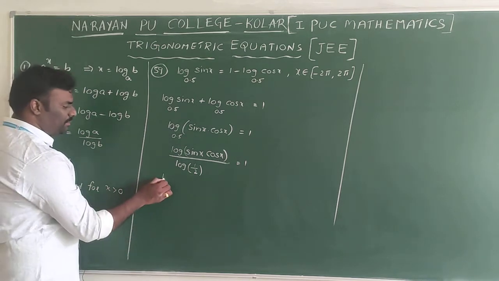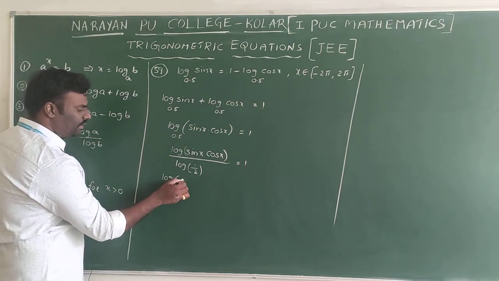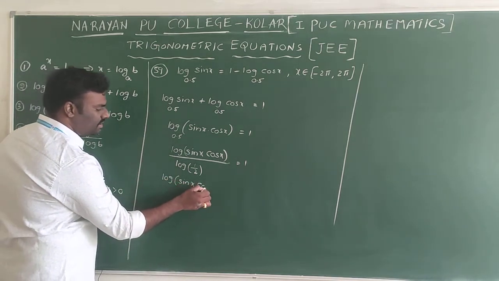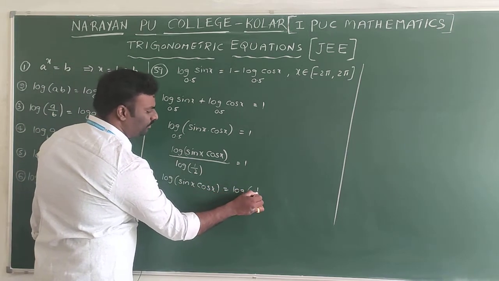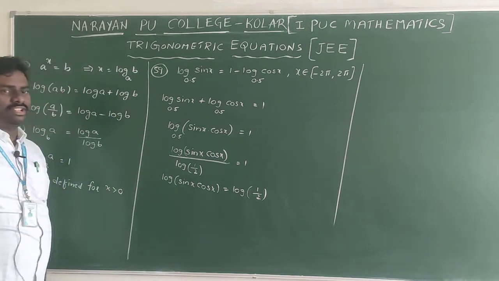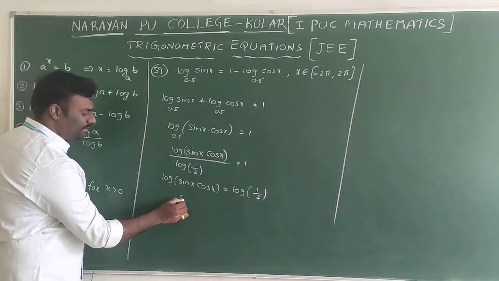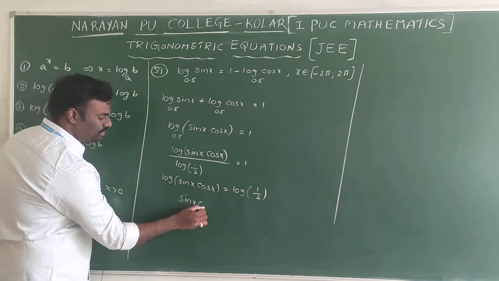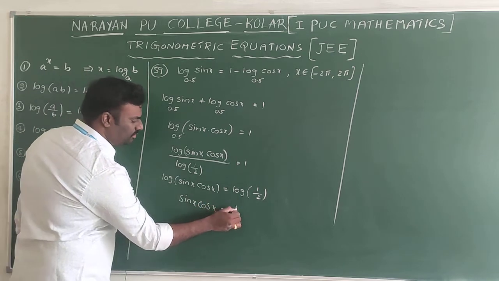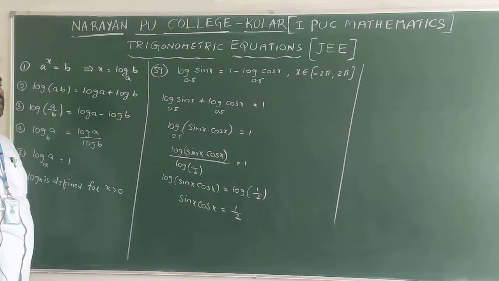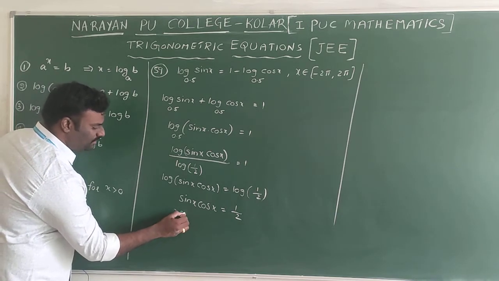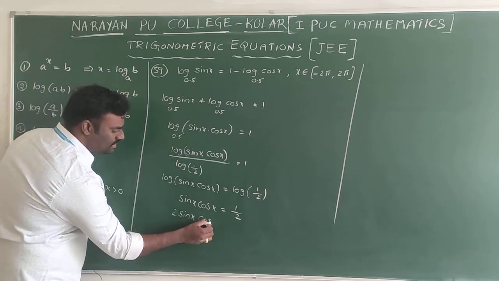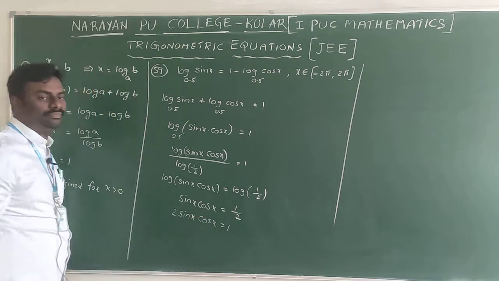Now if you cross multiply, log sin x cos x is equal to log 1 by 2. So both sides log gets cancelled. You will get sin x into cos x is equal to 1 by 2. If you cross multiply, you will get 2 sin x cos x is equal to 1.